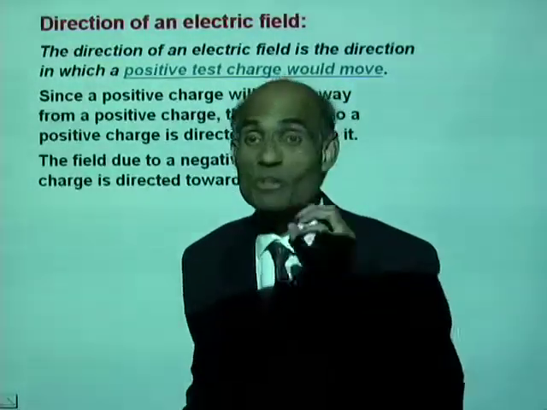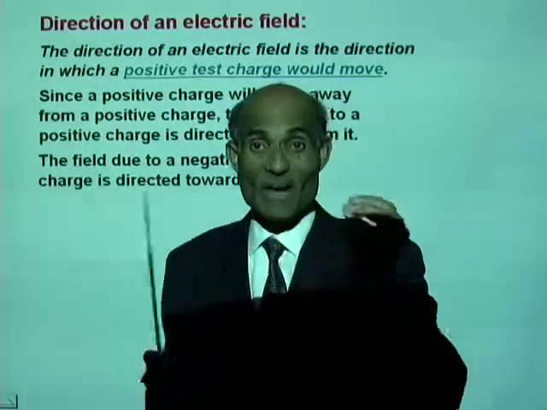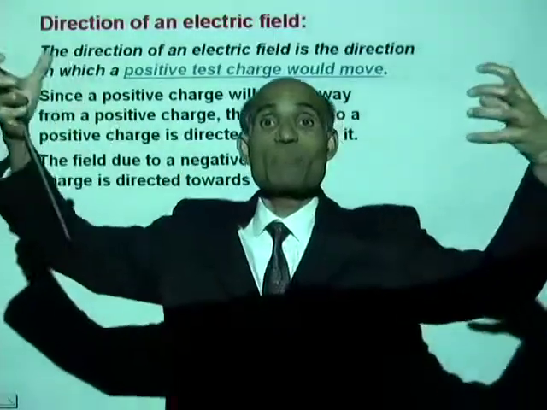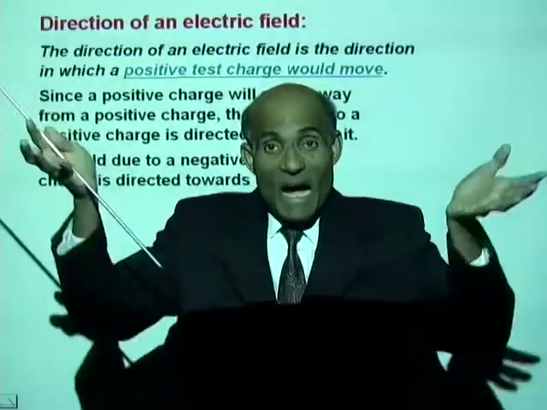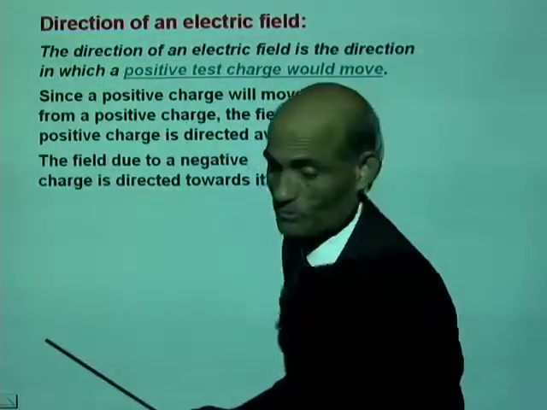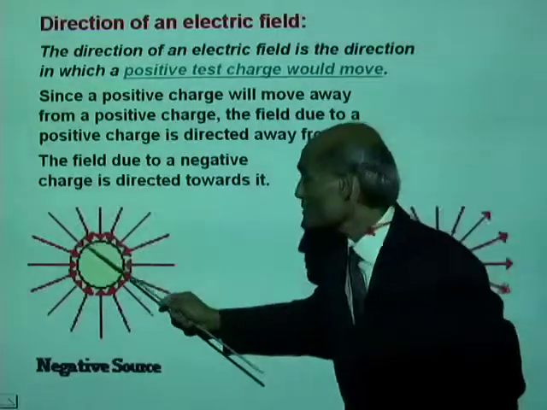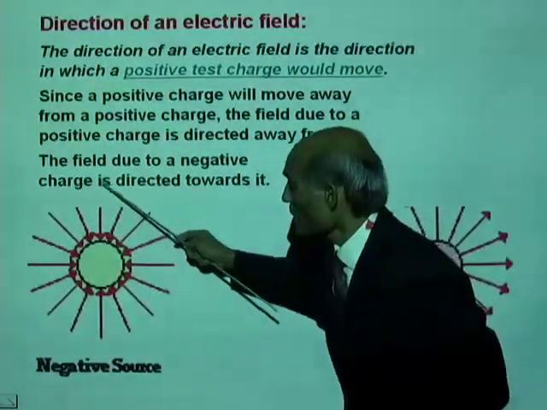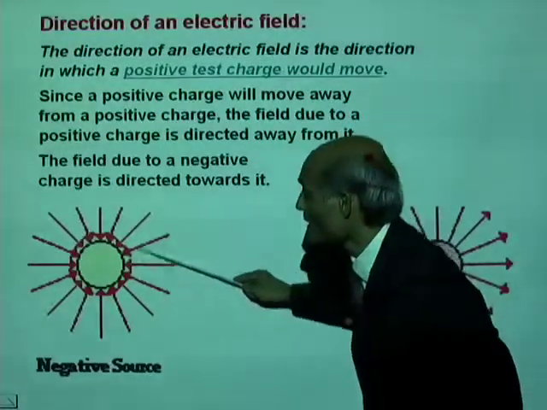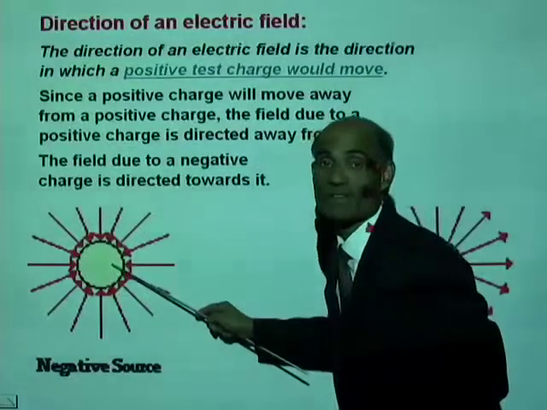So, the direction of the electric field is defined in such a way that the electric field is directed away from a positive charge and towards a negative charge. Let's illustrate that. Now, here I have illustrated that. Tell me, here you have electric field all directed towards it. What kind of a charge is this?